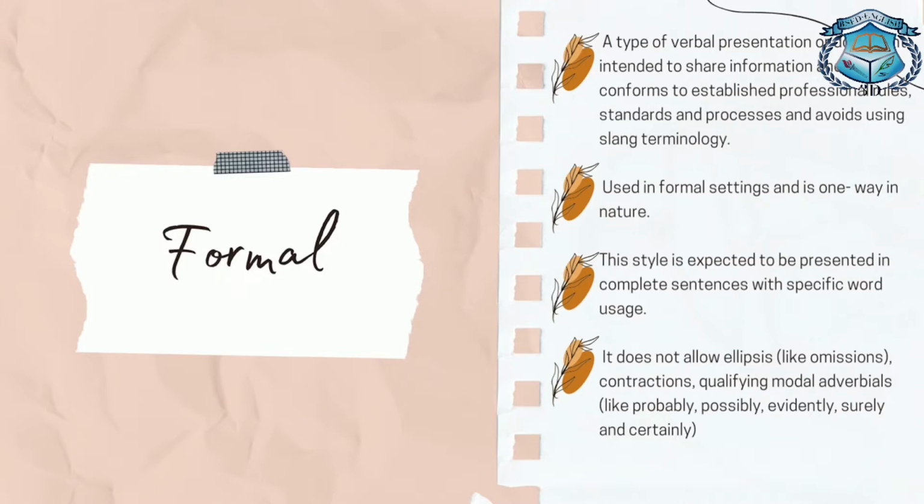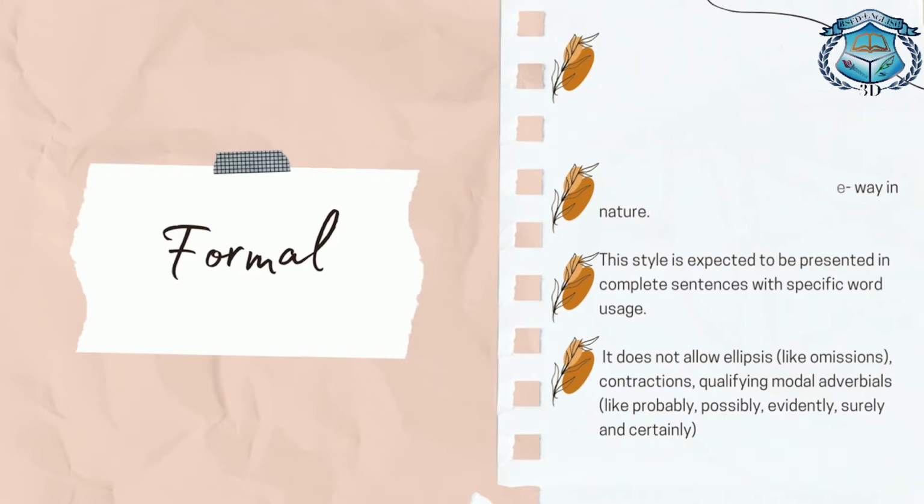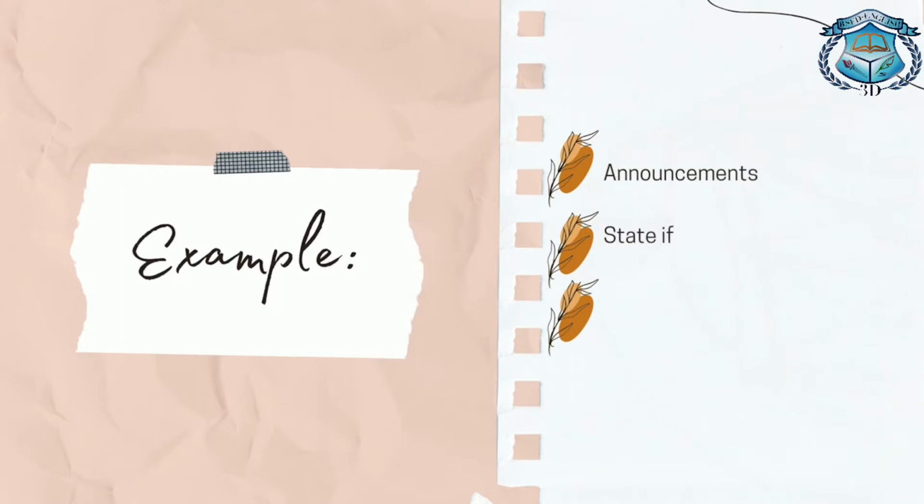It does not allow ellipses like omissions, contractions, qualifying modals, adverbials like probably, possibly, evidently, surely, and certainty. Examples: announcements, state of the nation address, welcome addresses, and many more.